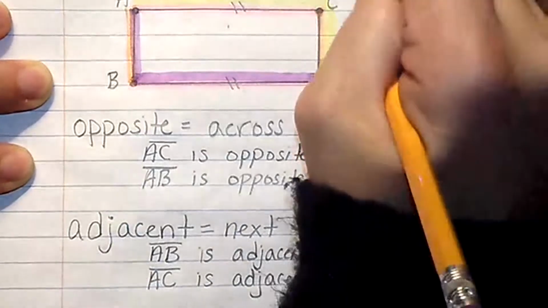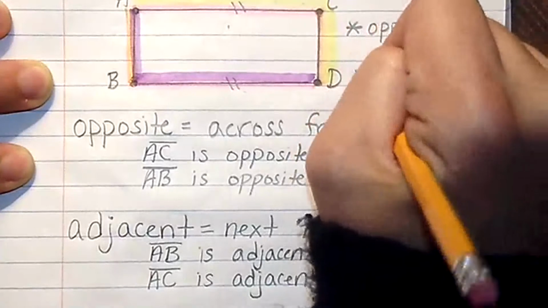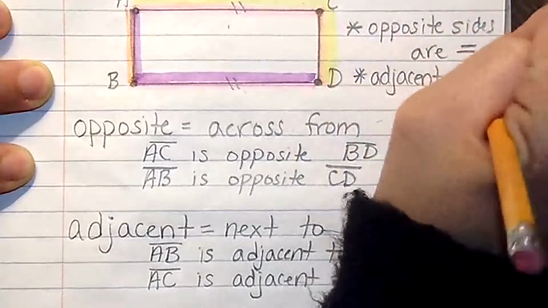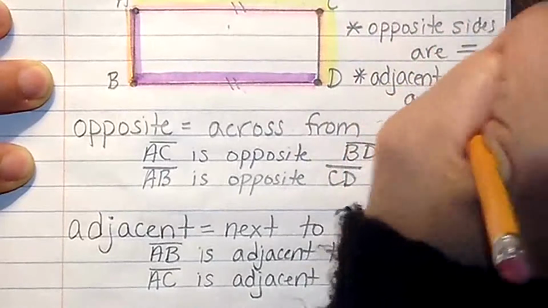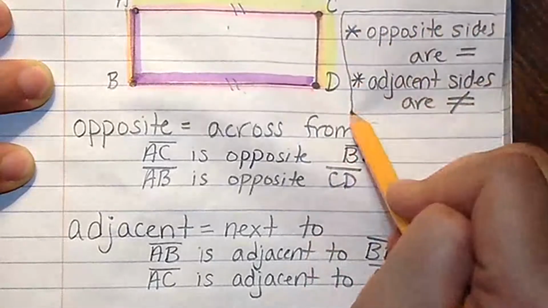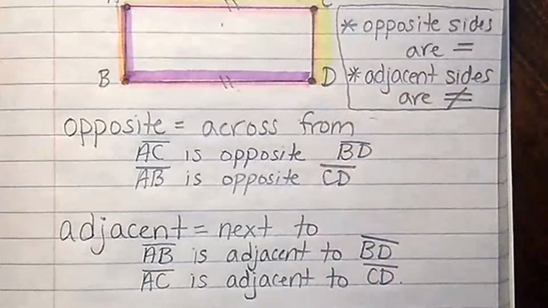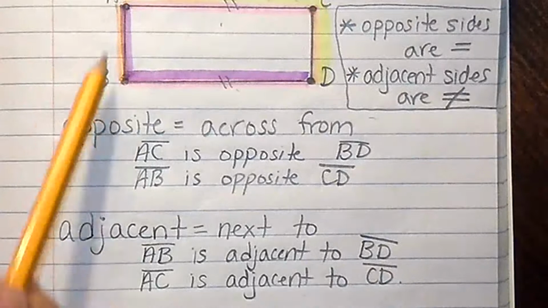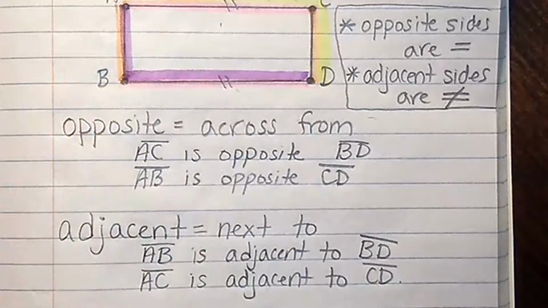And in a rectangle, adjacent sides are not equal. They would be equal if it was a different shape, but not a rectangle. The adjacent sides are not equal. This side is much shorter than that side.